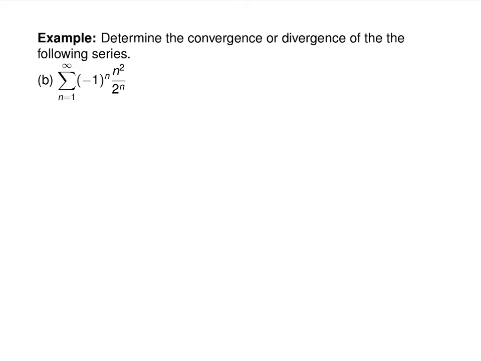Okay, this guy. So a_n is negative 1 to the n squared over 2 to the n. Okay, so find the limit as n goes to infinity of a_{n+1} over a_n. So when you input n plus 1, what do you get?